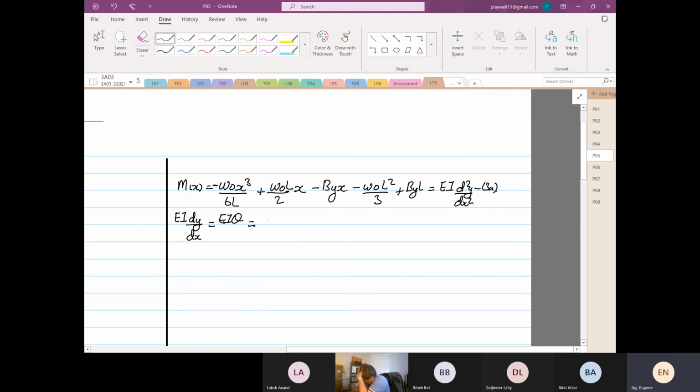This is equal to minus omega naught x to the fourth over 24L, plus BY omega naught L x squared over 4, minus BY x squared over 2, minus omega naught L squared over 3 x, plus BY L x, plus C1.